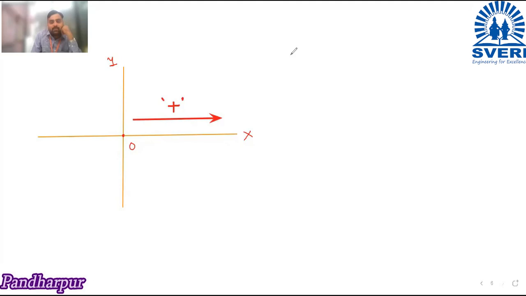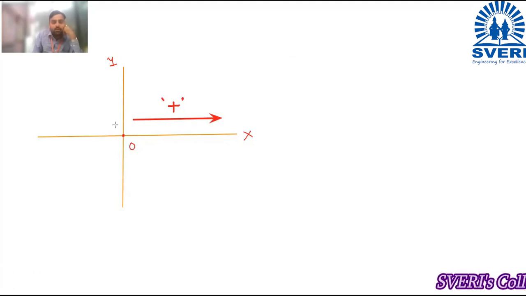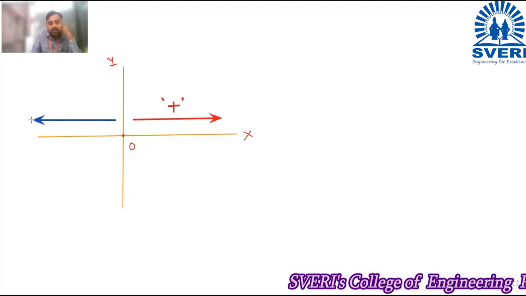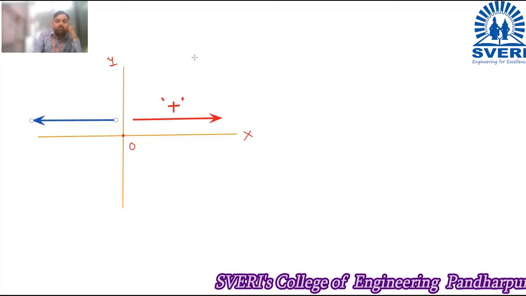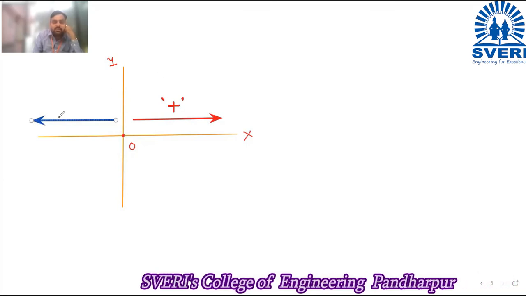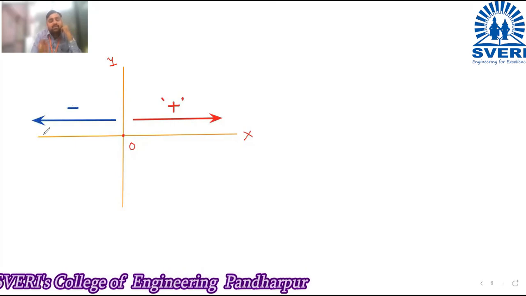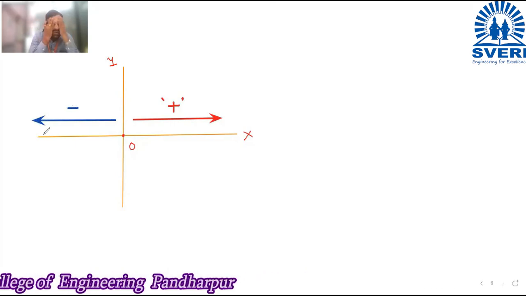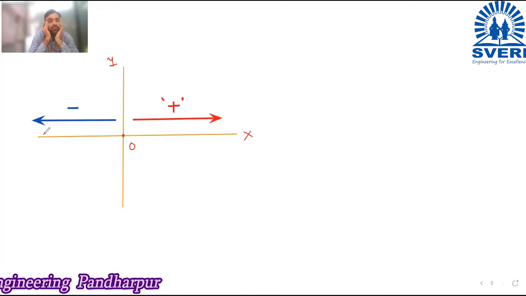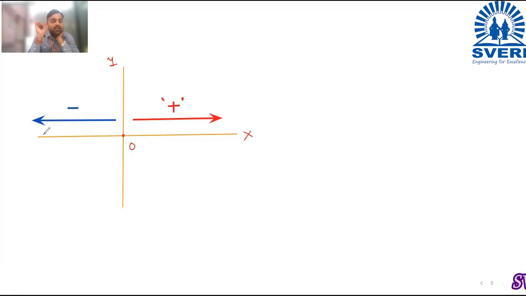Similarly, if you see over here, this is the origin, and if the force is moving towards the left hand side like this, then this is considered as negative. This is the sign convention, in which direction you should take the force as a positive force or a negative force, while doing the algebraic sum.